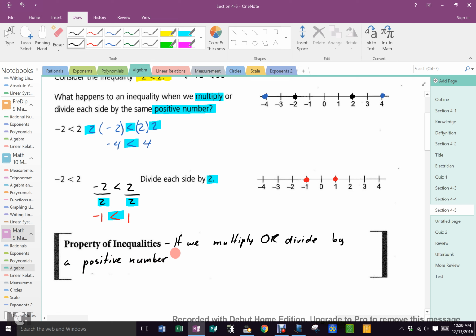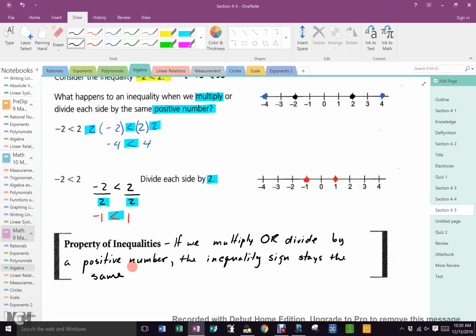Did it change? The inequality sign stays the same. Does everybody understand that?